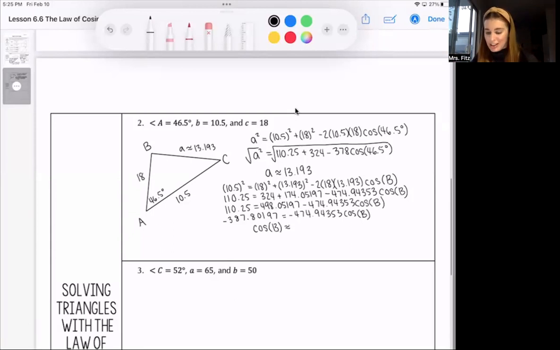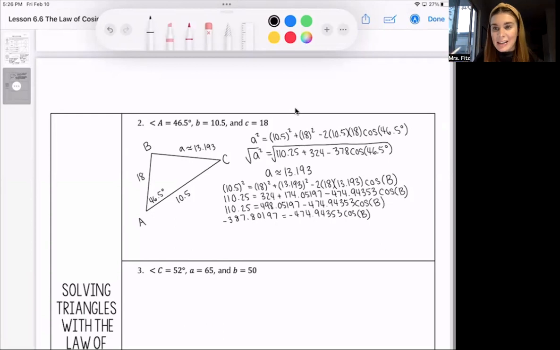and I'm going to use the approximation symbol because we 100% have to approximate that division. So negative 387.8 whatever divided by negative 474.94353, right? Punch that into a calculator. Or you could even, up to you, this is a lot of steps to write down. So what I usually do is I kind of skip steps a little bit.